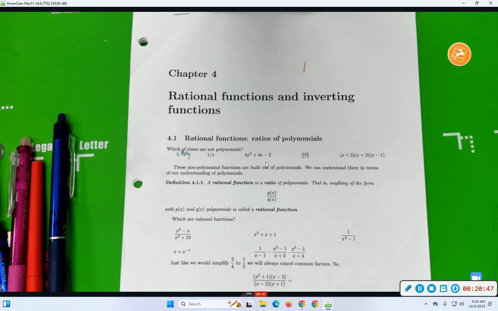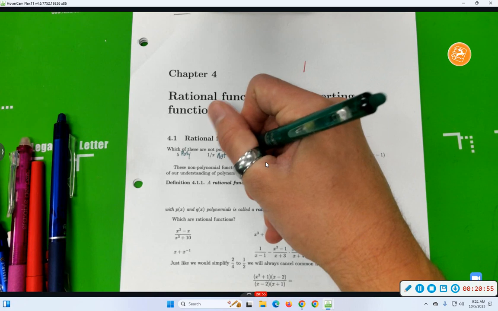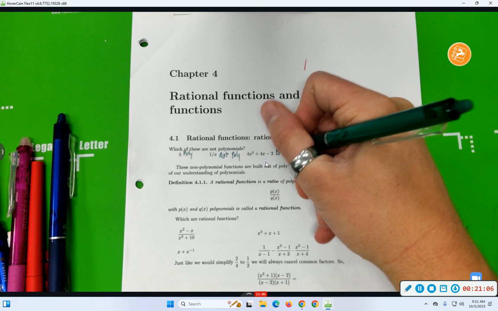Not polynomial. Perfect, you're not allowed to divide by x in a polynomial. Next one, polynomial or not? Polynomial? Yeah, of course, it's literally a bunch of powers of x next to numbers.